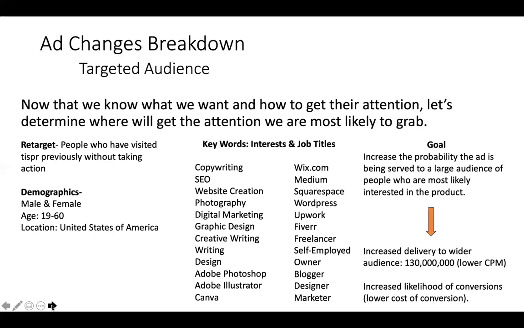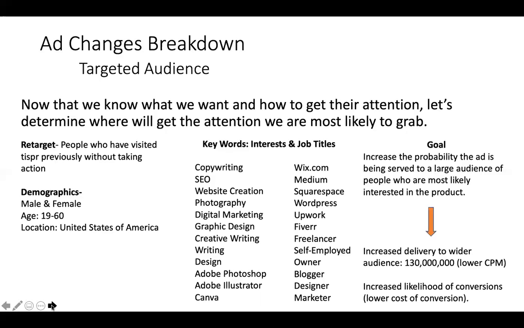So the goal is to increase the probability that the ad is being served to a large audience of people, but that audience also has to be already likely interested in the product or have a need for the product. With the increased delivery to a wider audience, you're still going to get 130 million potential targeted people for this.